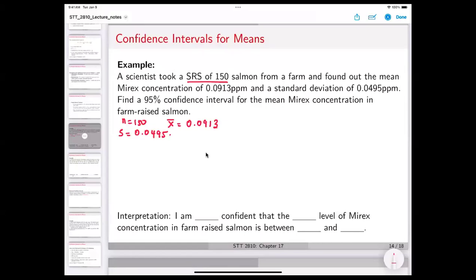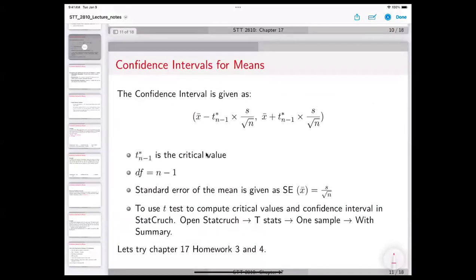Based on this, we are going to use the t distribution. Is that clear? So let's go through our notes. How do we compute the confidence interval for the t distribution? This is the confidence interval for the t distribution. Is that okay? So let's write that.